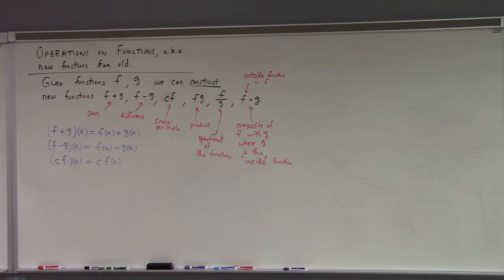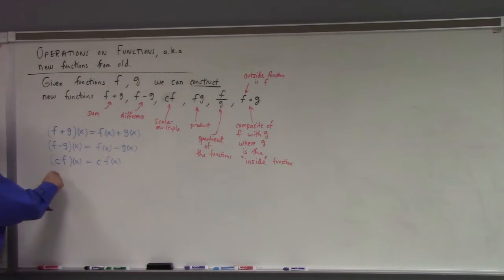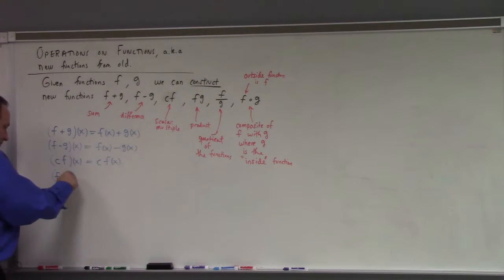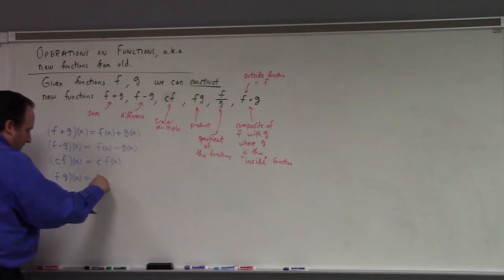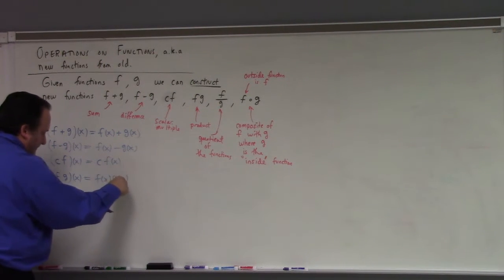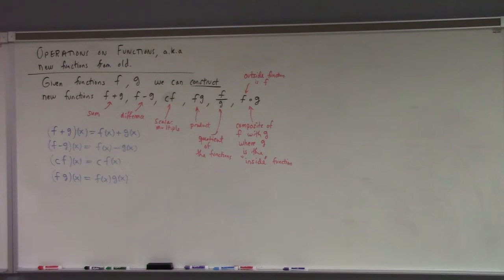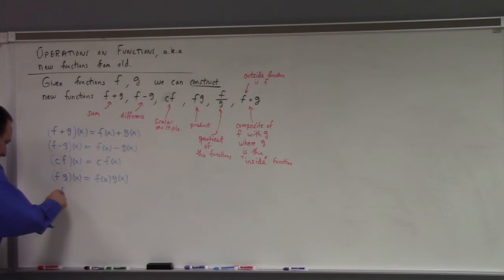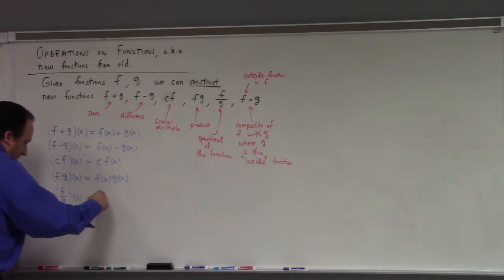All right. How about the product? fg of x is equal to f of x times g of x. That's the product of the functions. f over g of x is f of x over g of x.